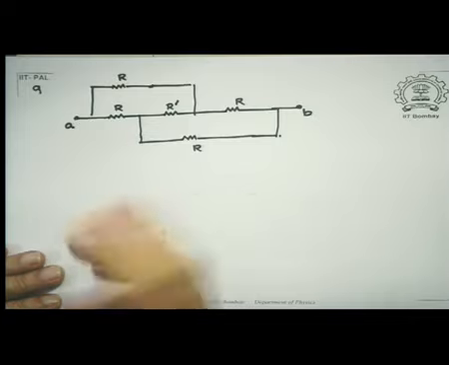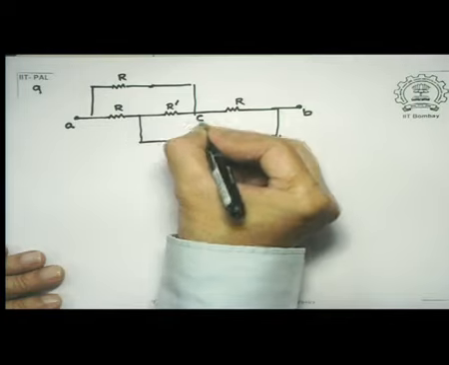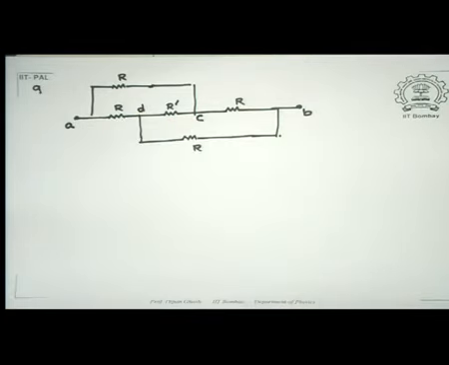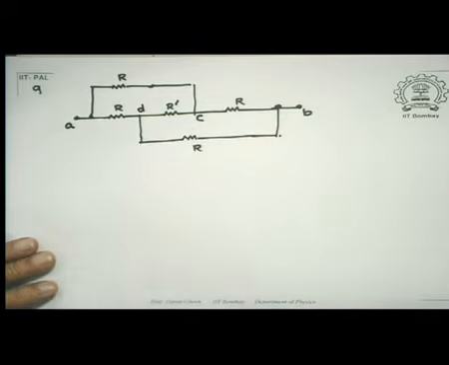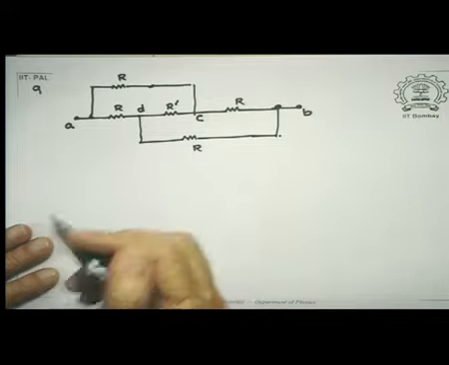So let me give it some numbers. Let's call this C, let's call this D. So this point is B, this point is A, because this is the same point. So look at what are the various connections.